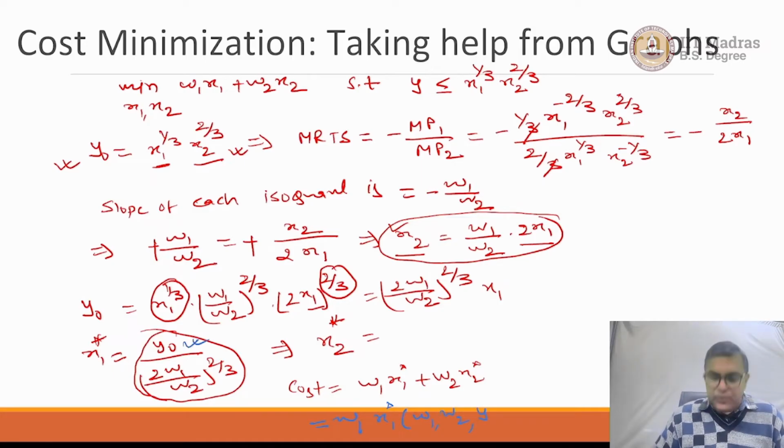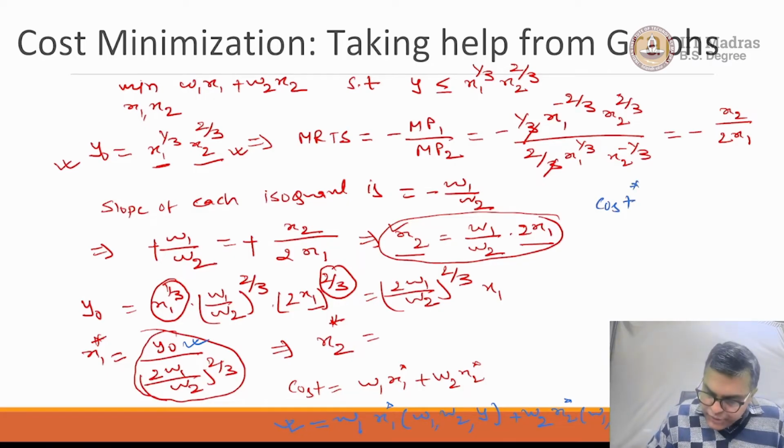When we do it for y1, it will be different. So basically, it's a function of W1 x1 star plus W2 x2 star, as functions of W1, W2, Y. So this is the cost that we are getting, and this is going to be the optimal cost, we can say. It's going to be a function of W1, W2 and Y.